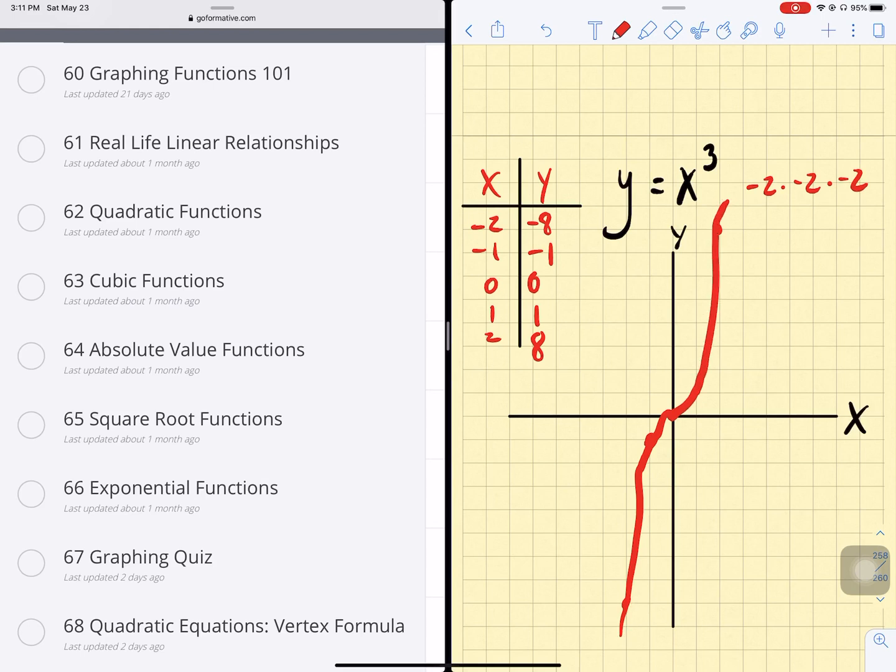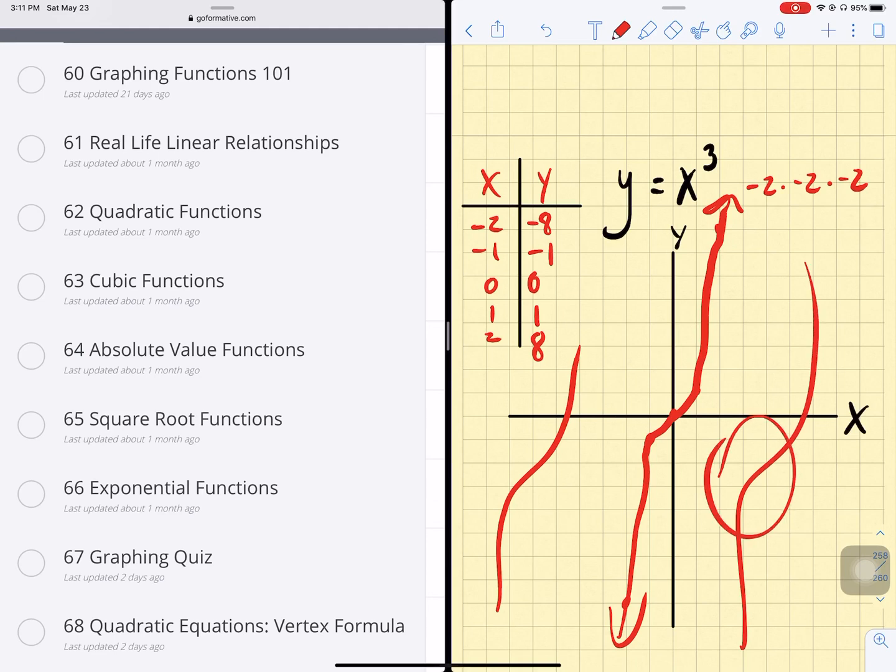We can probably do a better job of that, but here, and then it's going to make this little s, and then go up this way. It's going to keep going. So they tend to have this kind of curve. And the curved piece is where it crosses over and starts to mirror its exact opposite, going the other way. So look for that when you do cubic functions.